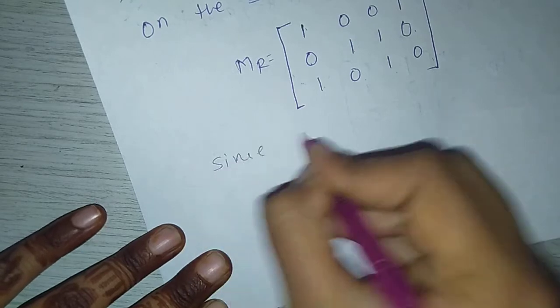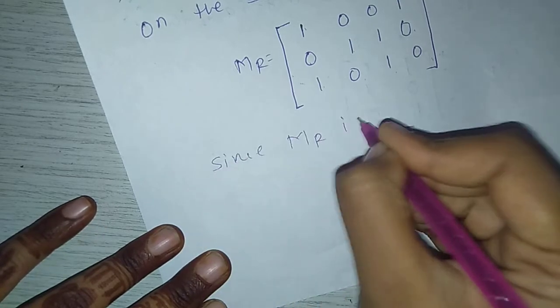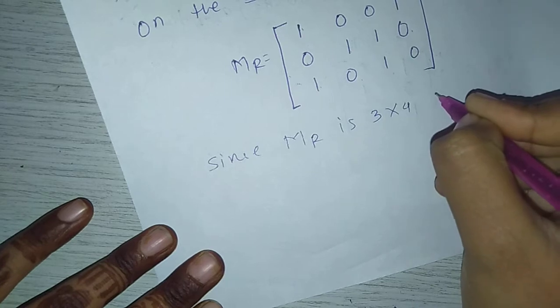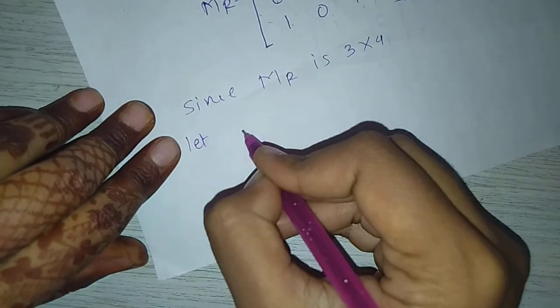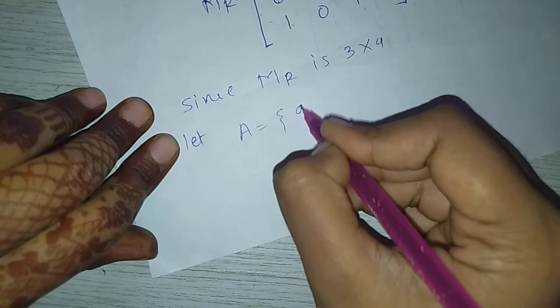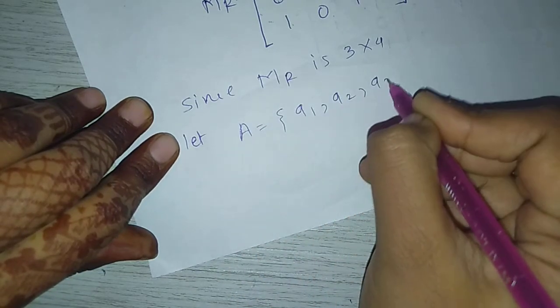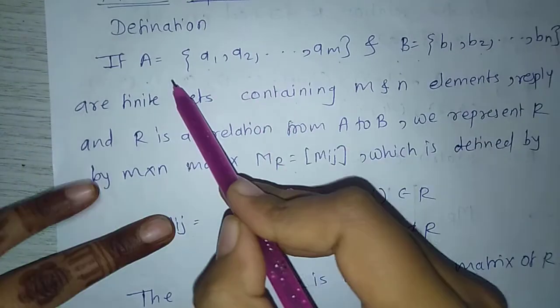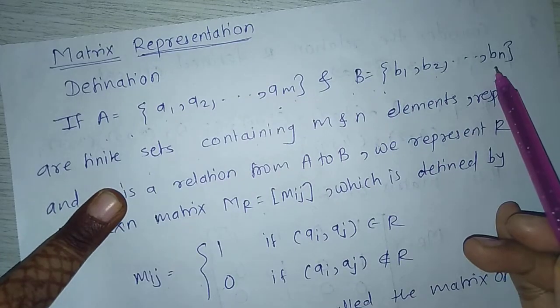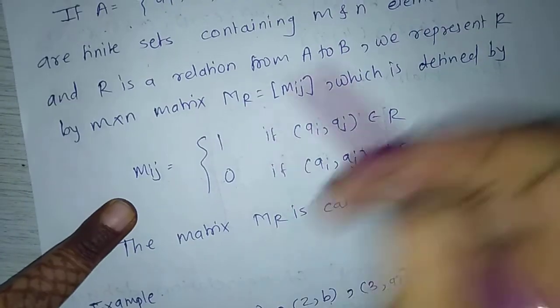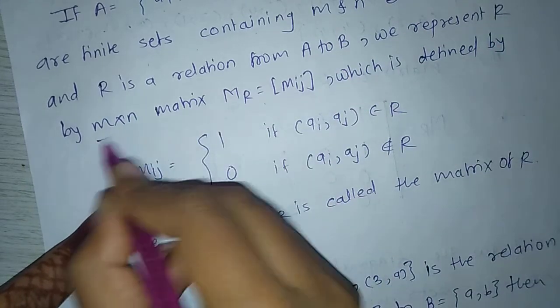Since MR is a 3 by 4 matrix, we let A equal {A1, A2, A3}, because in the definition we have seen that A is the set containing m elements and B is the set containing n elements, and MR is the m by n matrix.